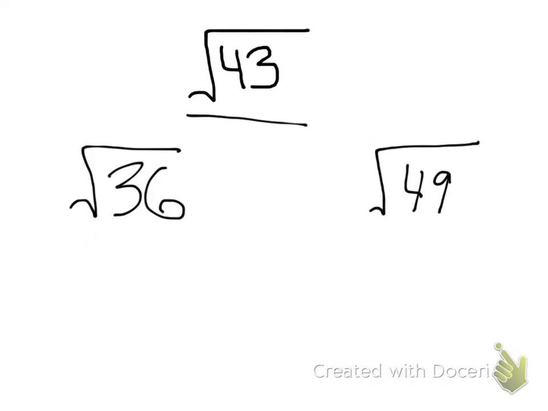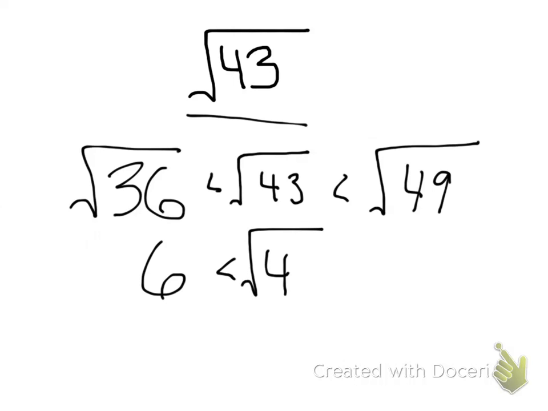So the square root of 43 will fall between the square root of 36 and the square root of 49. Now, the square root of 36 is 6, and the square root of 43 is still yet to be known, and the square root of 49 is 7.